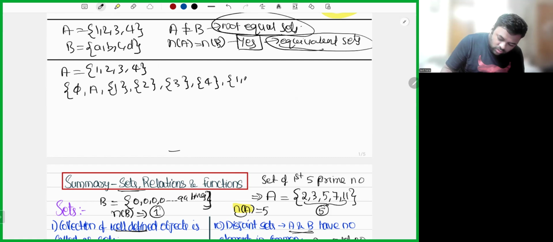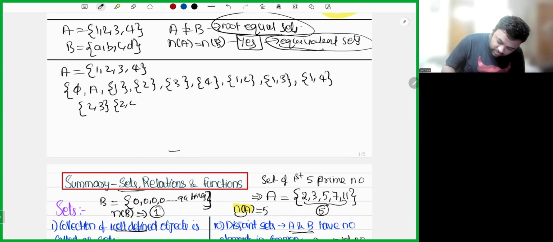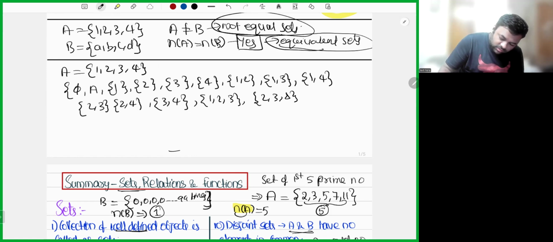Next, 1, 2; 1, 3; 1, 4. I have taken 4 elements, so 2 power 4, 16 are possible. Let's still check. 2, 3; 2, 4; 3, 4. Next, 1, 2, 3; 2, 3, 4; 4, 3, 1.